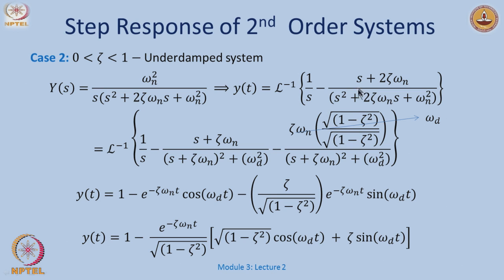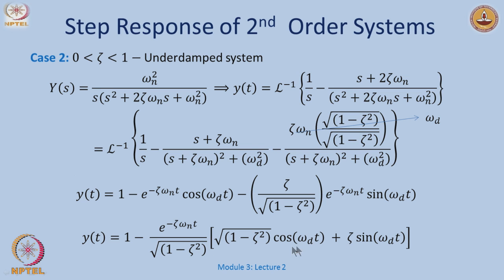I will skip all the math here, but we will see how my final expression looks. So for zeta equal to this value, I will start with this and then have this one, and of course I will have complex roots and all this will be taken care of here. So my response has 1 minus some exponentially decaying term.